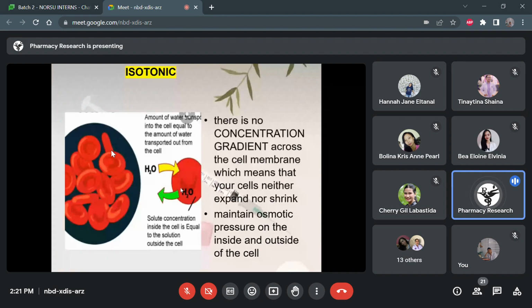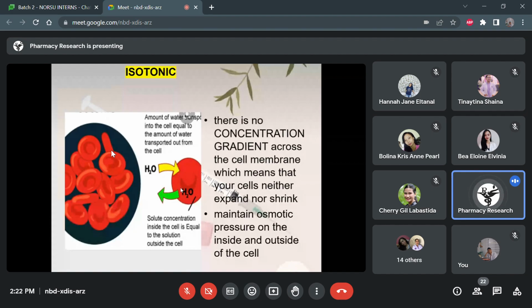So the amount of water transferred into the cell is equal to the amount of water transported out of the cell. So the solute concentration inside the cell is equal to the solution outside the cell. That is a hint: if you hear isotonic, from the root word iso, you will understand that it means equal, so it is equal in and out of the cell.